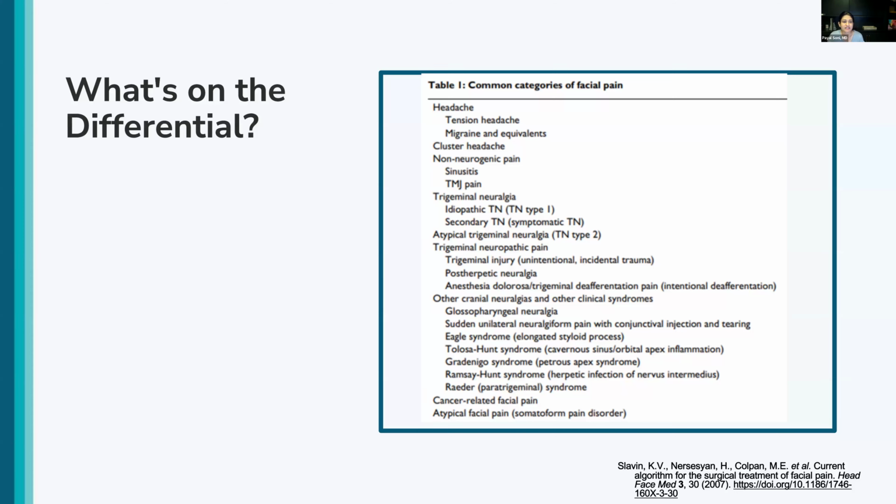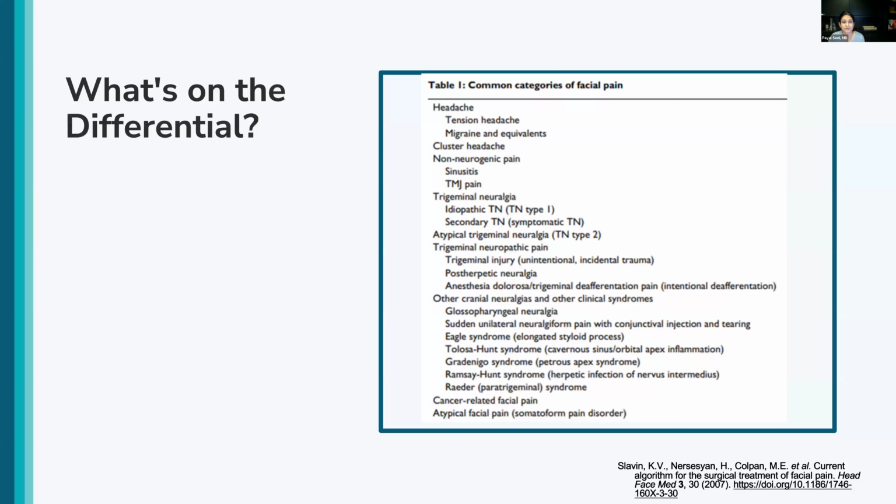And then this really is just to give you an idea of, from the neurologist standpoint, what I'm thinking of, or what's on the differential as I'm going through this history and physical examination. So certainly trigeminal neuralgia, whether it's idiopathic or secondary, trigeminal neuropathic pain, other cranial neuralgias, and then other less common primary headache disorders like the trigeminal autonomic cephalgias.